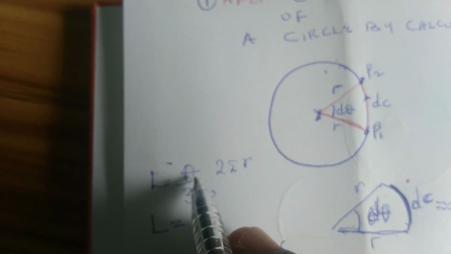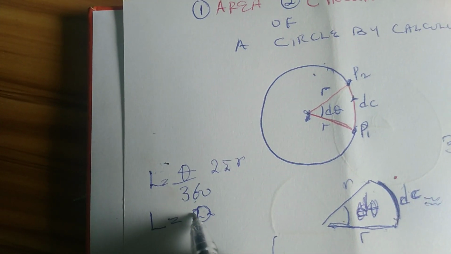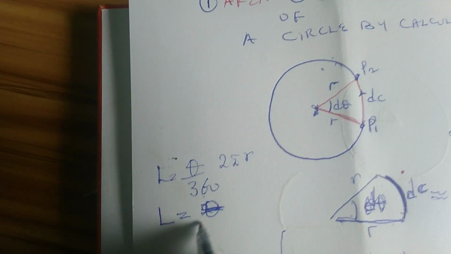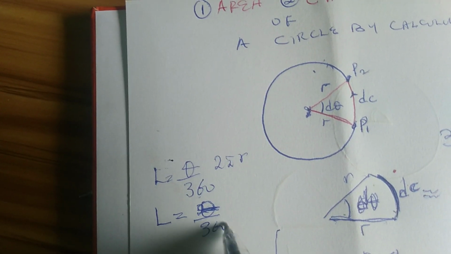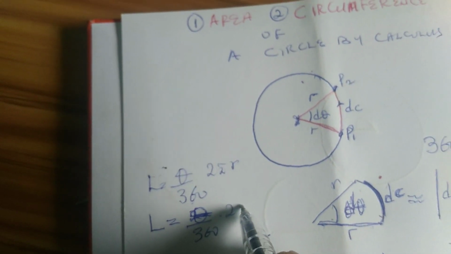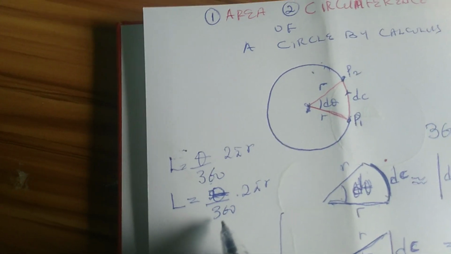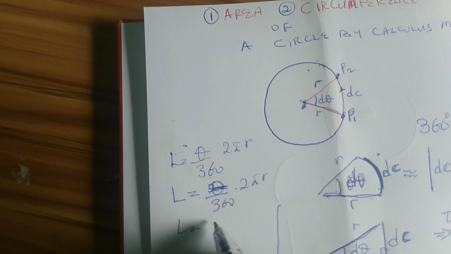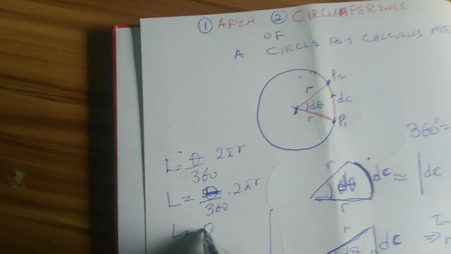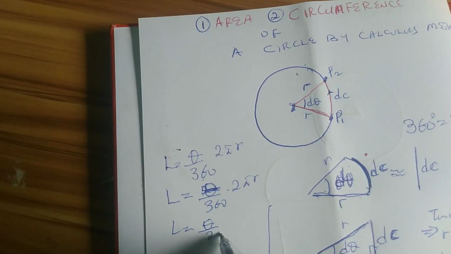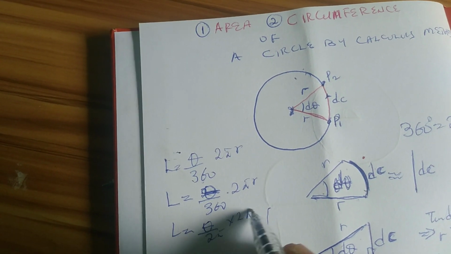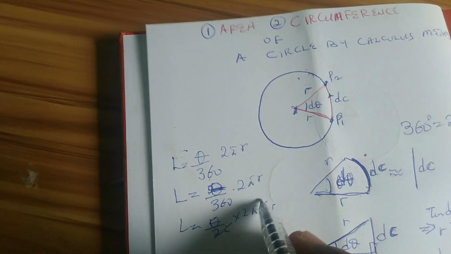So the length now becomes θ all over 2π times 2πr. So 2π cancels 2π.